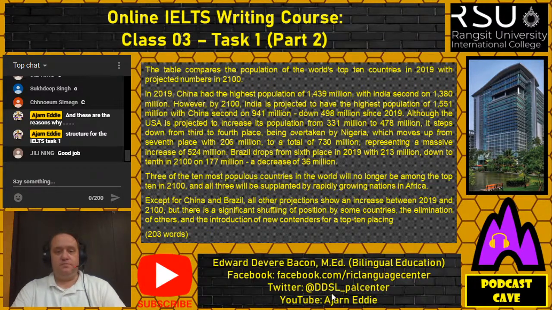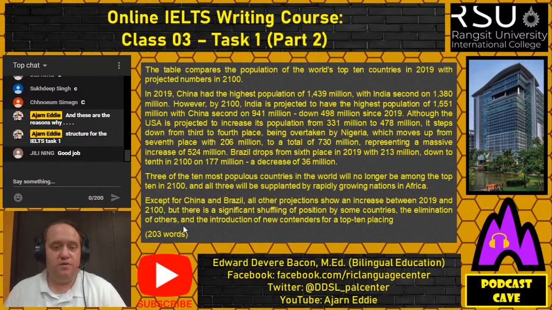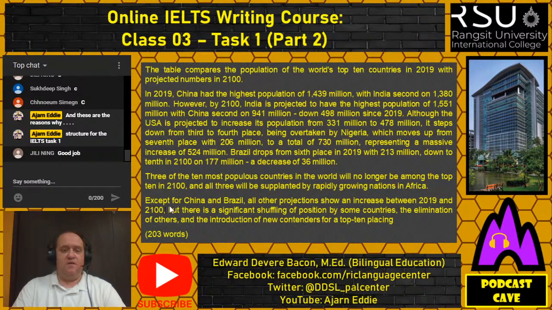Okay. All right, then let's go down to the conclusion, not really a paragraph. So it said, except for China and Brazil, all other projections show an increase between 2019 and 2100, but there is a significant shuffling of position by some countries, the elimination of others, and the introduction of new contenders for a top 10 placing.